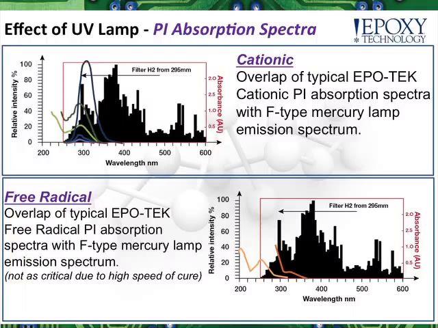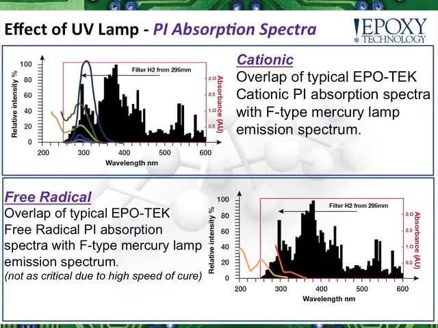Here you can see the photoinitiator packages that we used overlapped with common lamp spectrum. In this case, it's actually the F or D typed iron-doped mercury lamp emission spectrum overlapped with typical photoinitiators utilized at EPO-TEK.